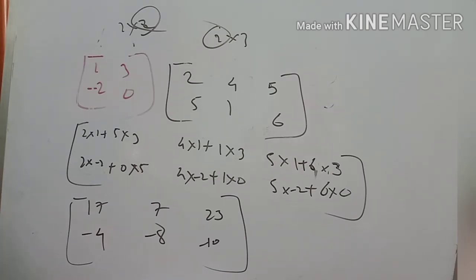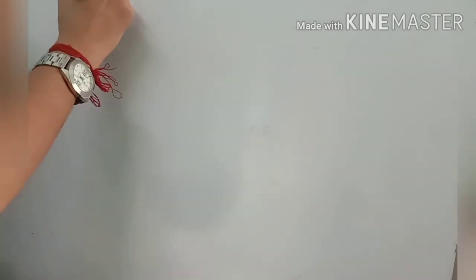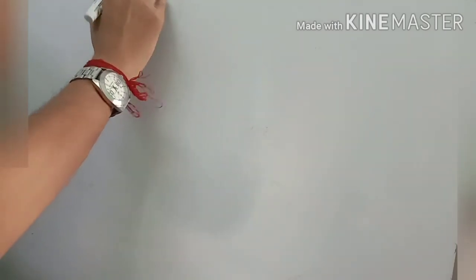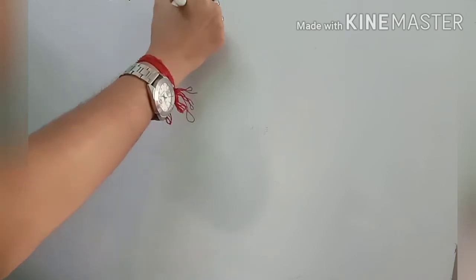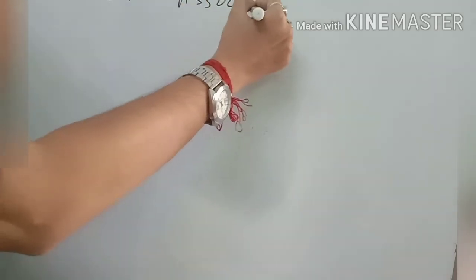Great. Let us move on to the next sum. Next thing is, you've already learnt about it, it is not commutative. Now the next question arises: is it associative? Is matrix multiplication associative?